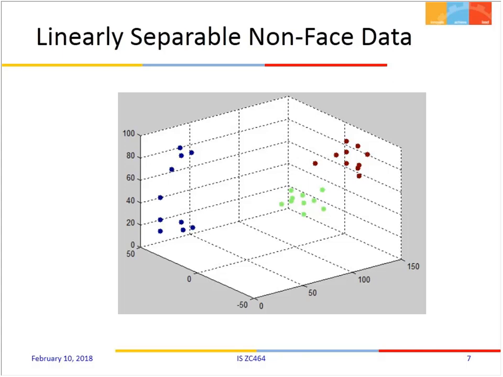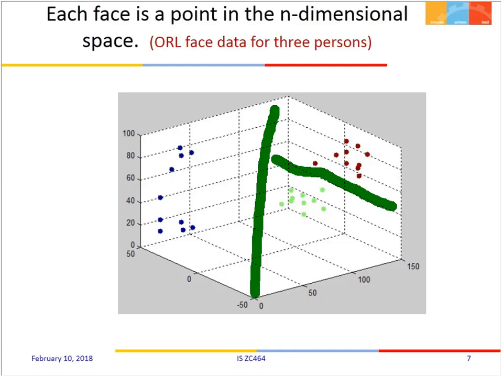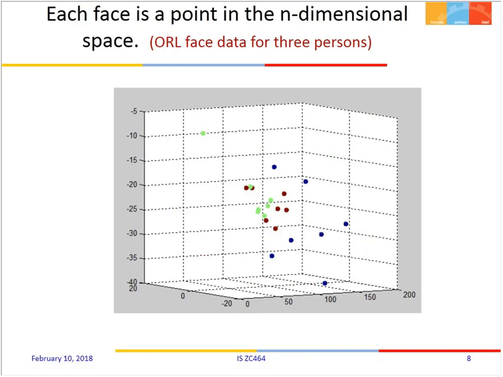So let us say there were three different attributes that were able to define certain things as non-face data, right? And there were three different classes of non-face data. They were linearly separable as we saw in the previous example. Now we have face data for three persons which we are representing by three different colors.